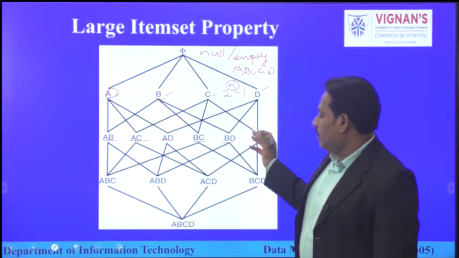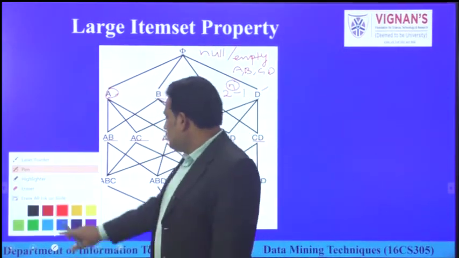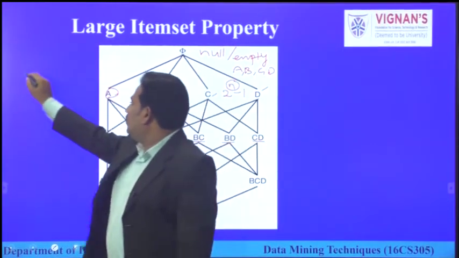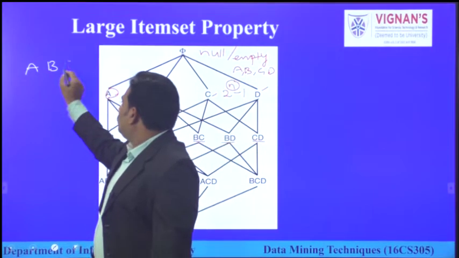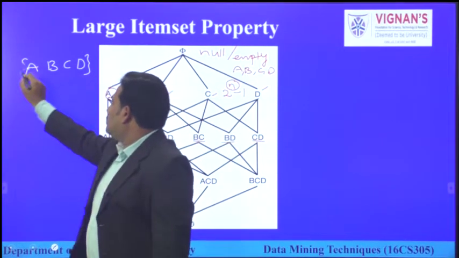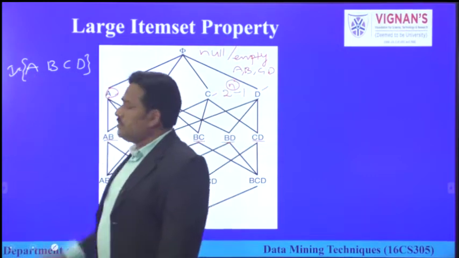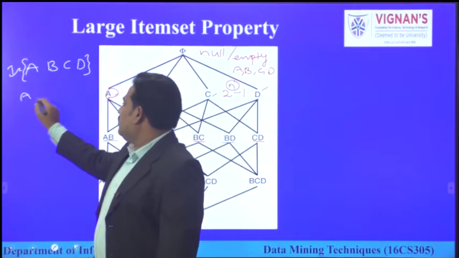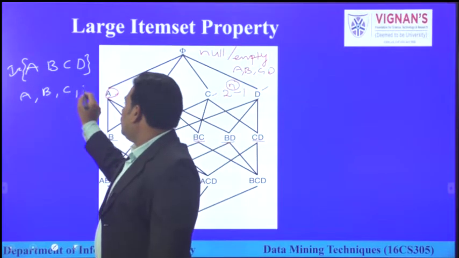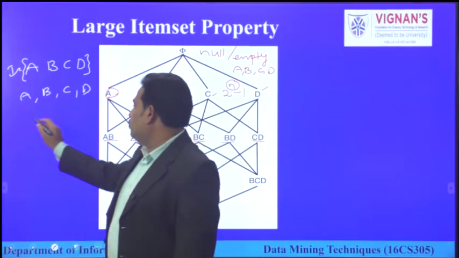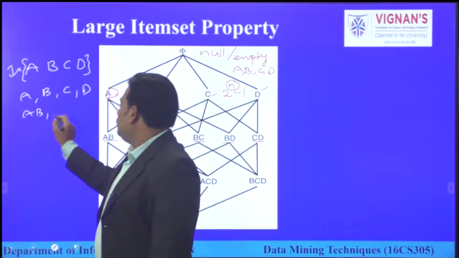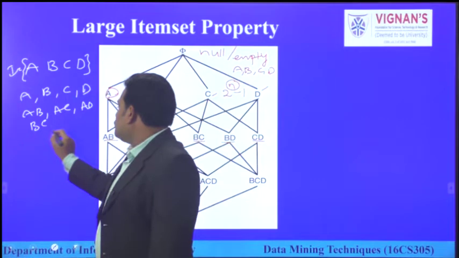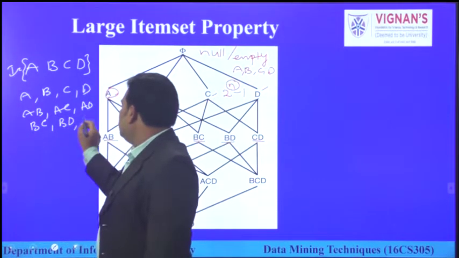So here, using these 4 items A, B, C, D, which is the initial item set, we started creating 1-item sets like A, B, C and D. Next we create 2-item sets: AB, AC, AD, BC, BD and CD.